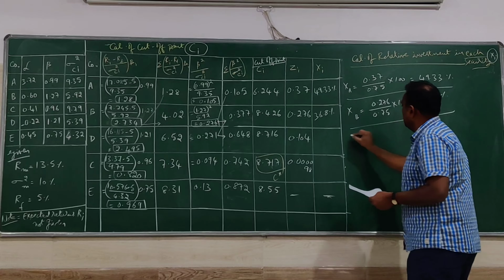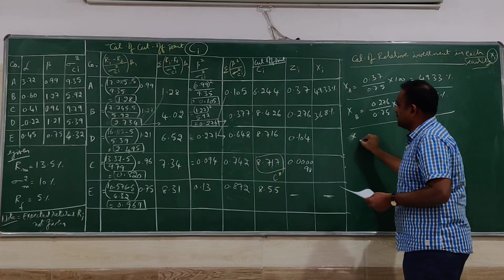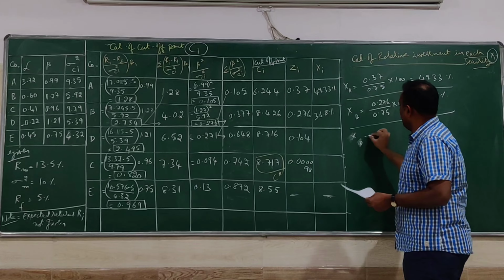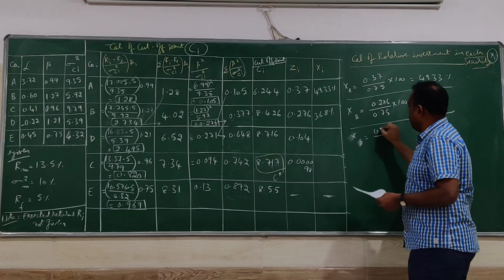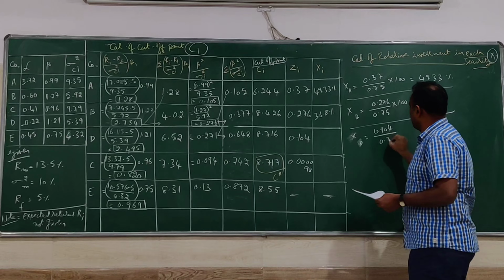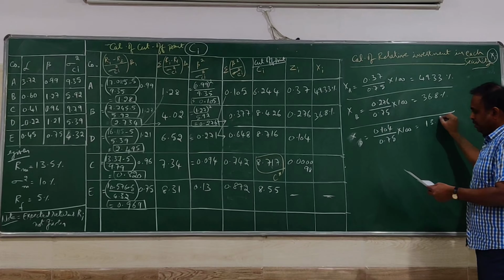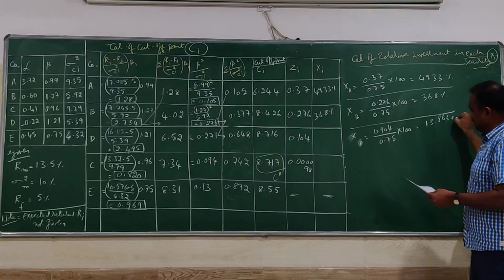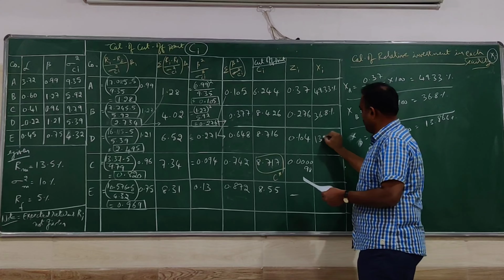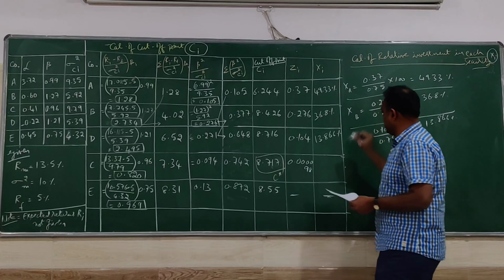Next for XD, 0.104 divided by 0.75 into 100. You are going to get 13.866 percent.